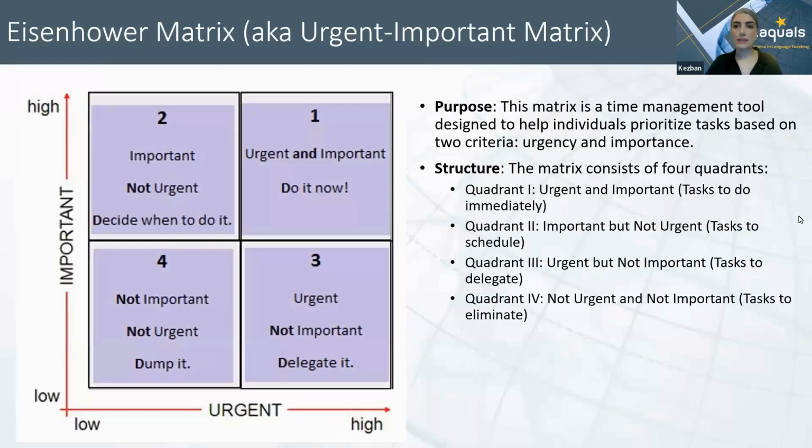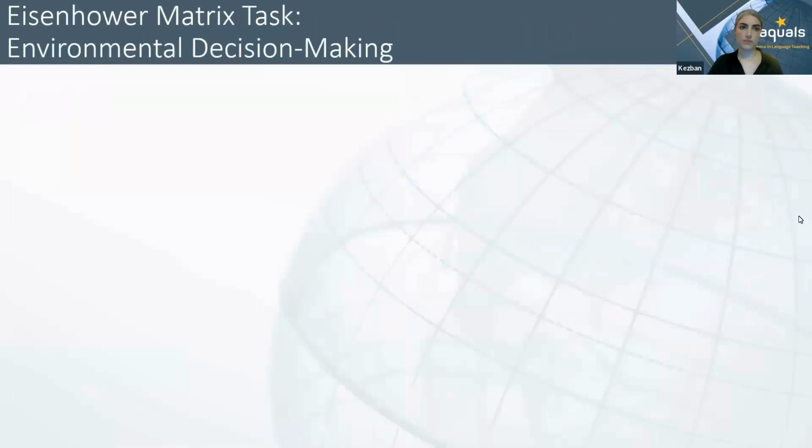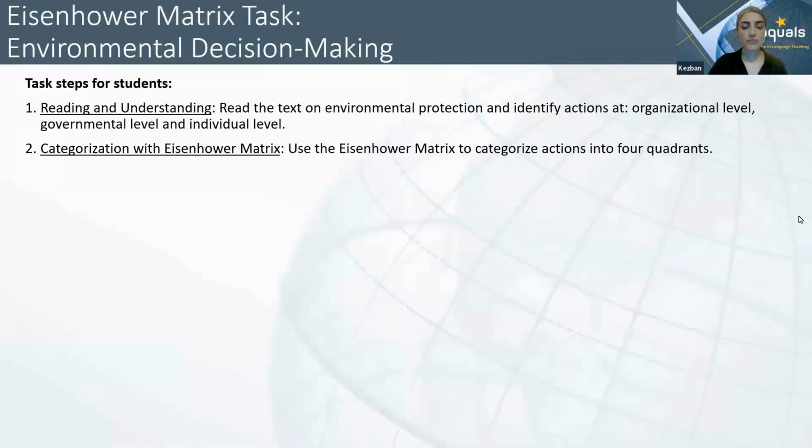After the reading task, I got them to do environmental decision making. So they identified tasks at 3 levels: organizational, governmental, and individual. And they used the Eisenhower Matrix to categorize actions given in the reading task into 4 quadrants.